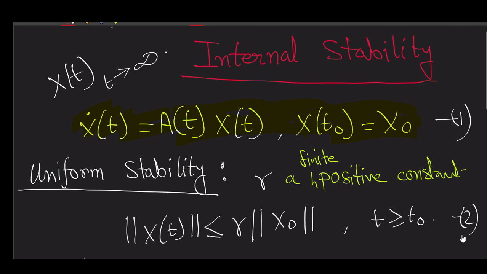Now in the case of uniform stability for the state equation, it is something where the boundedness of the solution matters. When you talk about a stable solution, what image does it invoke in your mind?